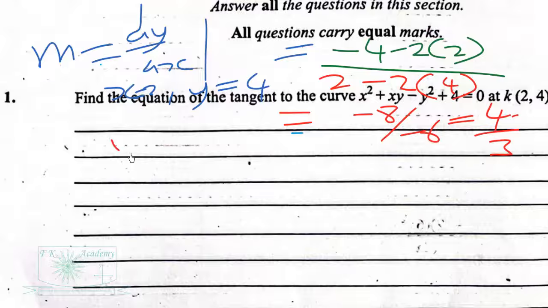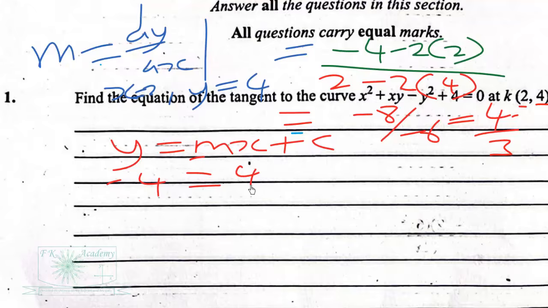So the equation is given by y equal mx plus c. So we plug in y, 4 equal m is 4 over 3 plus c. We don't know the c, but we know the x to be 2. So 4 over 3 times 2 plus c. So this will give us c to be equal to minus 4 minus 8 over 3.